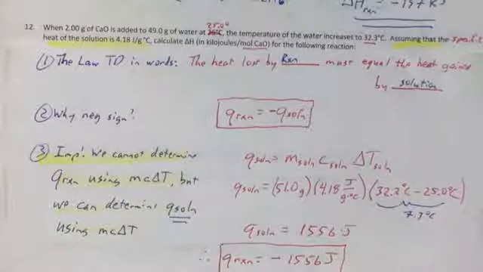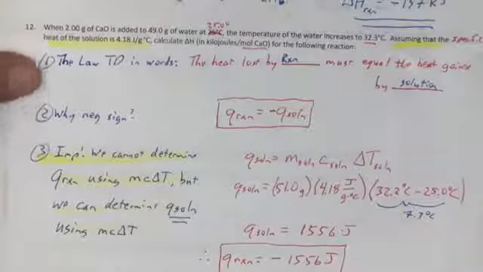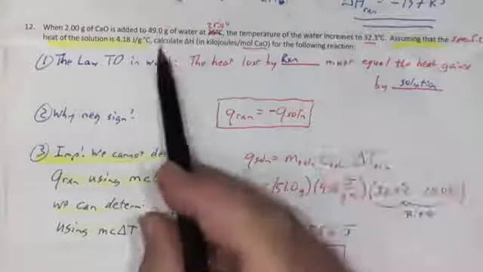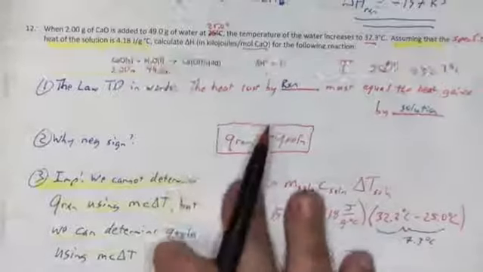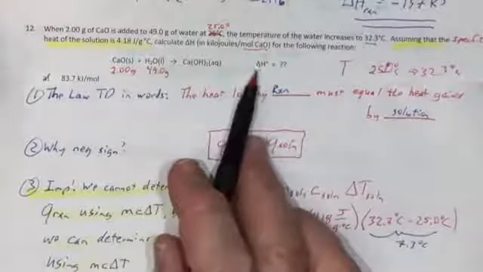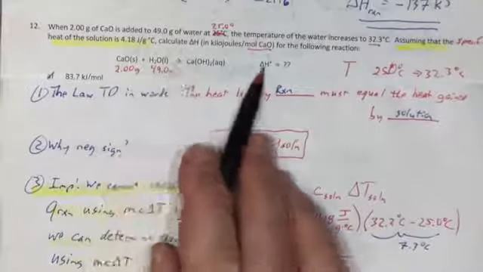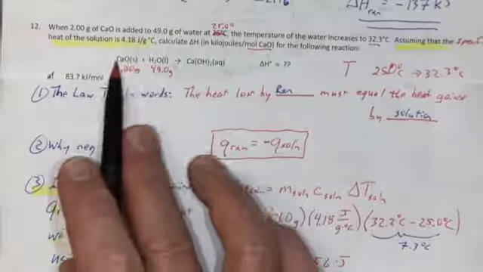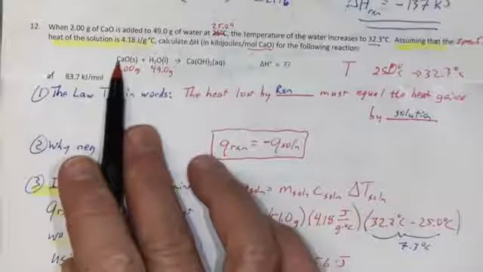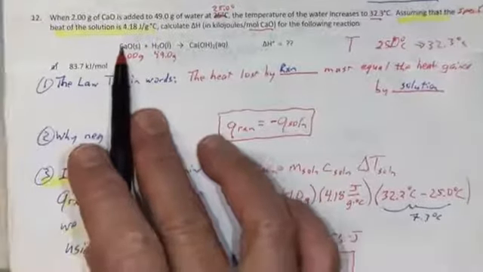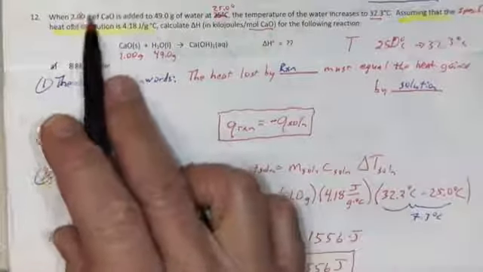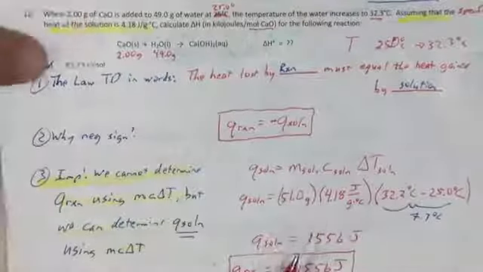Okay? Now, the next thing that you have to notice, remember this is asking, calculate the delta H for this reaction, the delta H0, and the delta H is always, the coefficients represent the number of moles. The delta H for this reaction is for 1 mole of calcium oxide. Did we react 1 mole of calcium oxide? No, we reacted 2 grams. We reacted less than 1 mole.